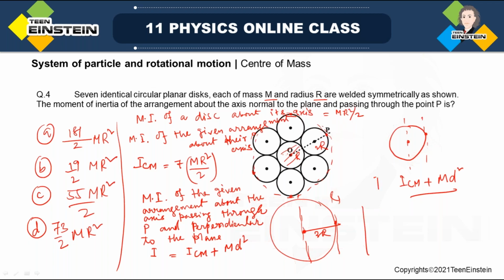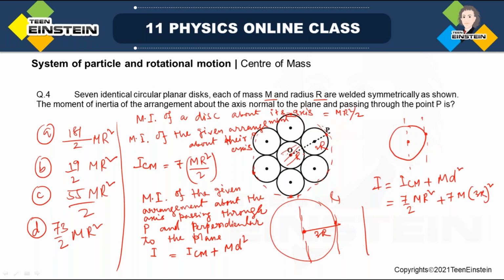See, finally we will get moment of inertia, so we have 7 mr square by 2 plus 6, into, okay, this is not 6, let me write this as 7, into m r square, where it is 3r actually.